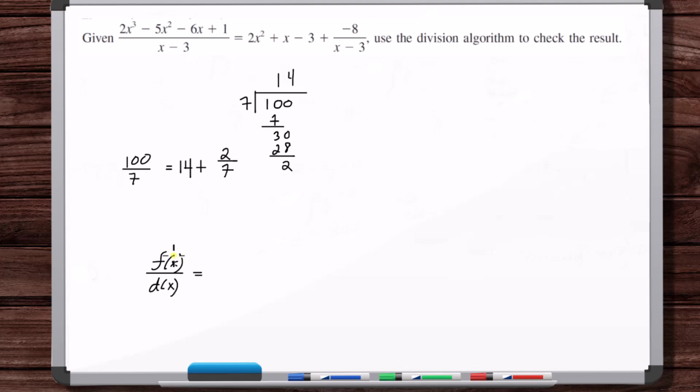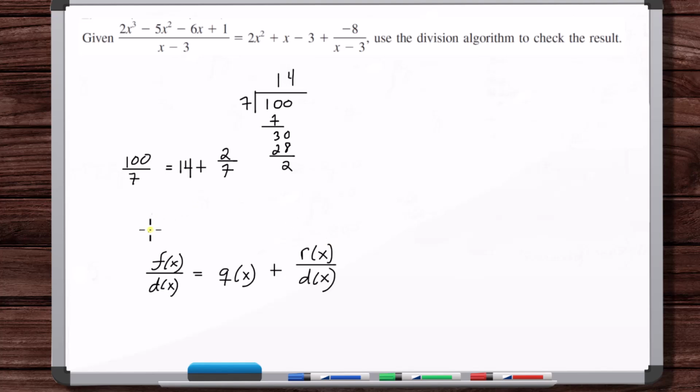So let's write that out. The function divided by the divisor is equal to the quotient, and with polynomials, they're all functions of x in general, plus, and then the remainder gets an r, and then the divisor, once again, is the d.